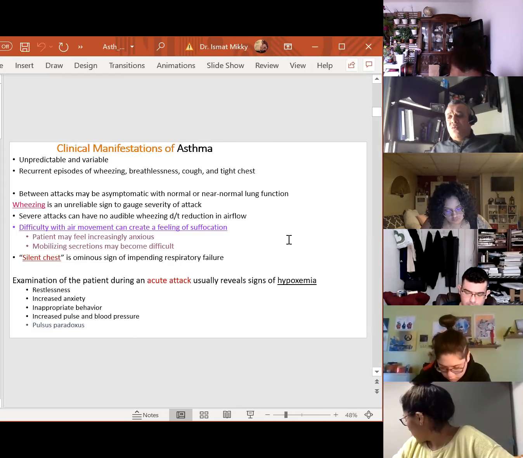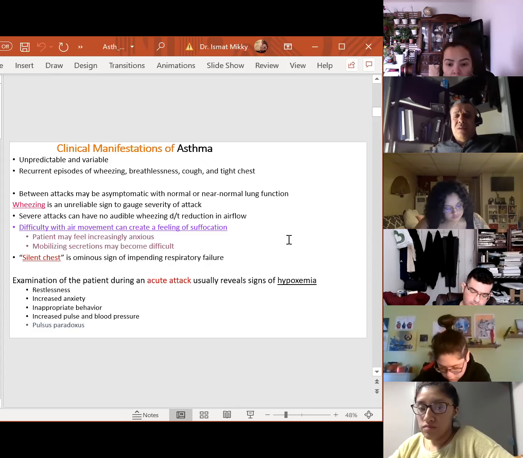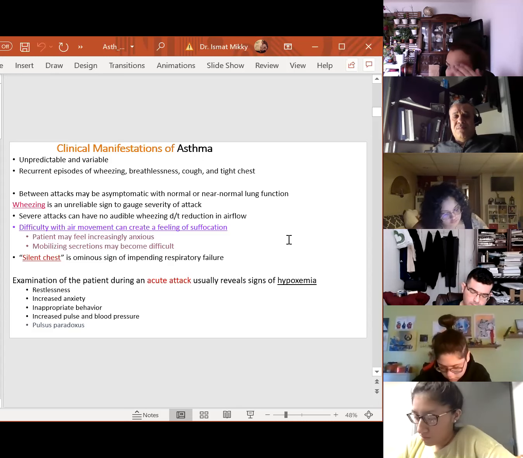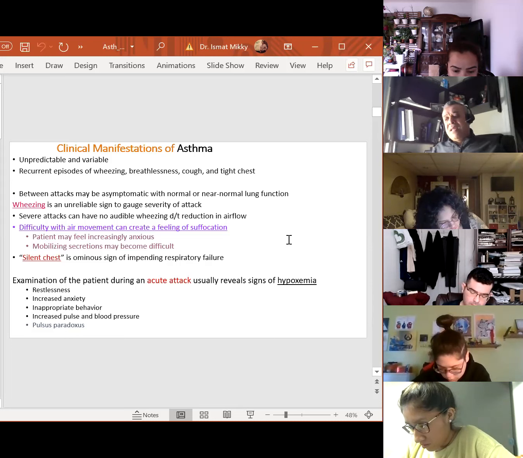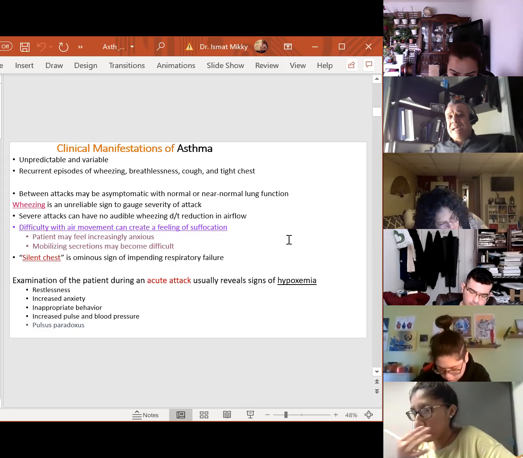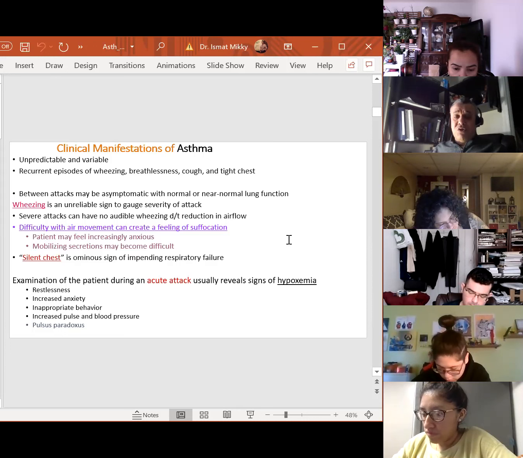So if the patient has been wheezing and there is an absence of the wheeze, that is called silent chest. All of a sudden, the patient stops wheezing, and obviously looks like they are struggling, which means that's a life-threatening situation, and that's when we should request mechanical ventilation.